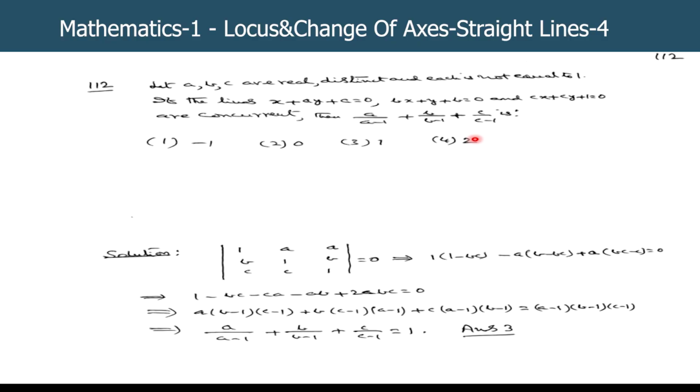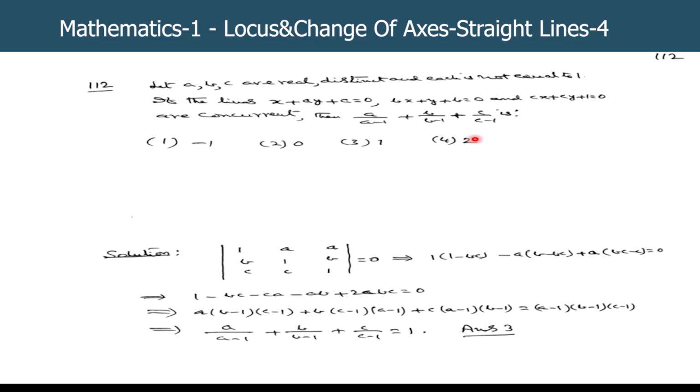So, adding and subtracting some terms on both sides, a into b minus 1 c minus 1 plus b into c minus 1 into a minus 1 plus c into a minus 1 b minus 1 is equal to a minus 1 into b minus 1 into c minus 1.